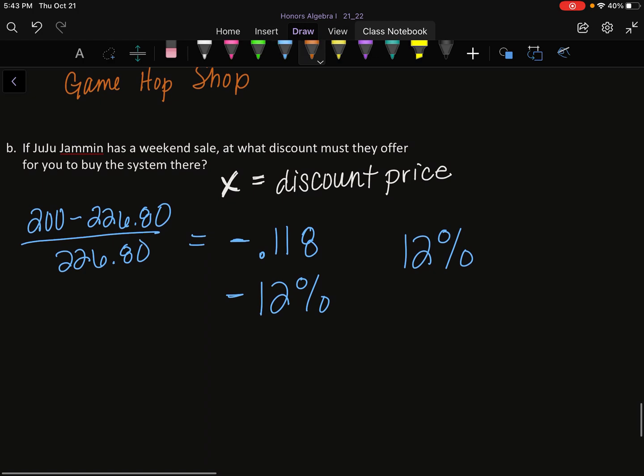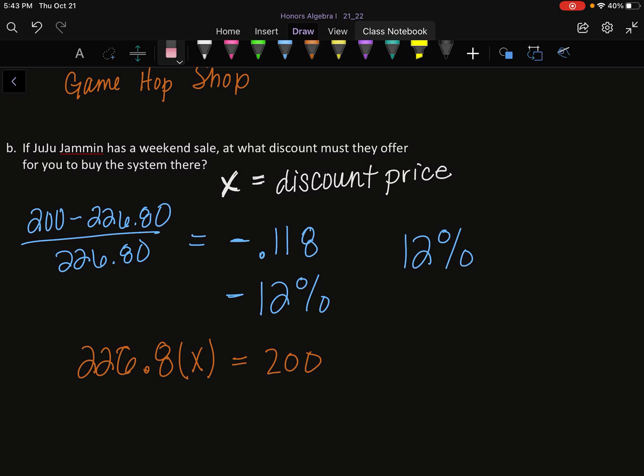I was thinking about it as 226.80 times a percent is equal to 200, but you'll end up getting the percent that you're going to pay.